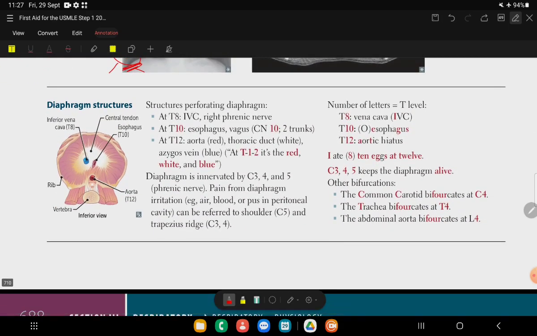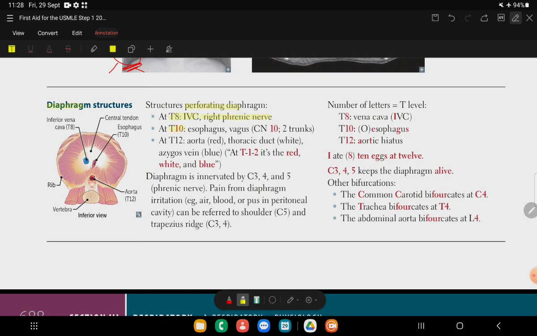Now the next one is diaphragm structures. When we talk about the diaphragm structures, the most important are the structures which perforate the diaphragm. The first one is at the T8 level: the inferior vena cava, and the right phrenic nerve.